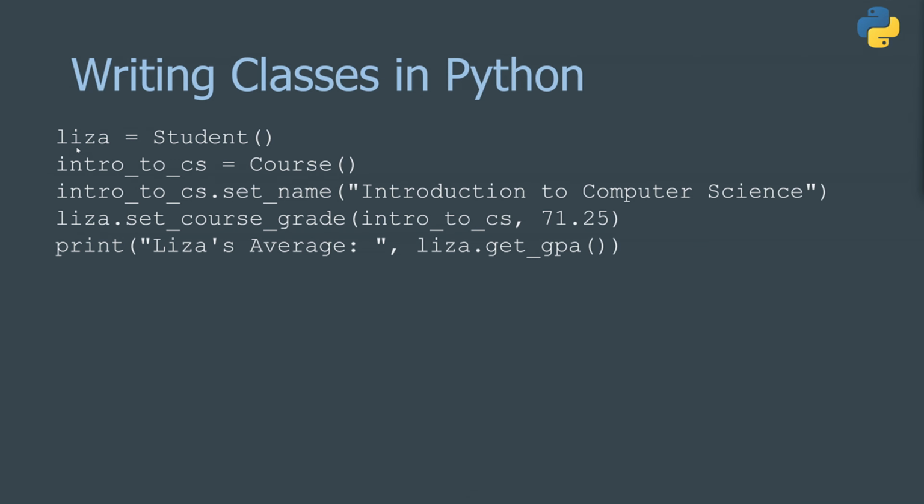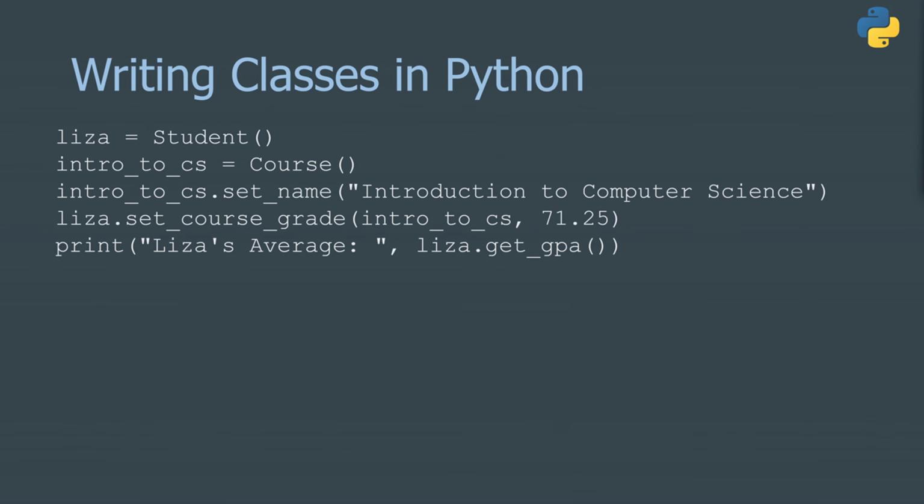Okay, and in fact, objects are just like lists and dictionaries. When we call functions, they are passed by reference. So this is called a reference. So Liza is a reference to that instance of student. So don't think of Liza and the actual instance as being the same thing necessarily.